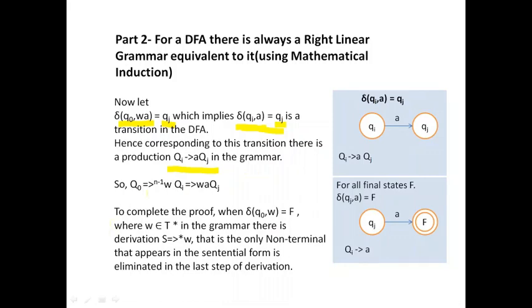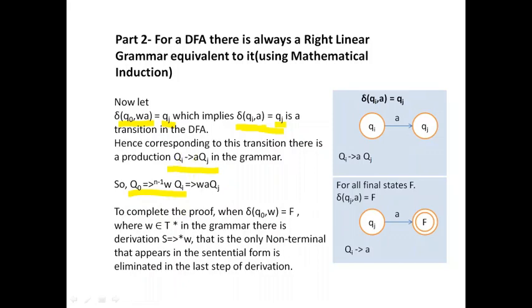Now if you look at the derivation that we saw just before, when we had done n minus 1 steps of derivation starting from the start symbol Q0, we got the sentential form WQi. According to the rules of construction in our grammar, there should be a rule like capital Qi giving A Qj.